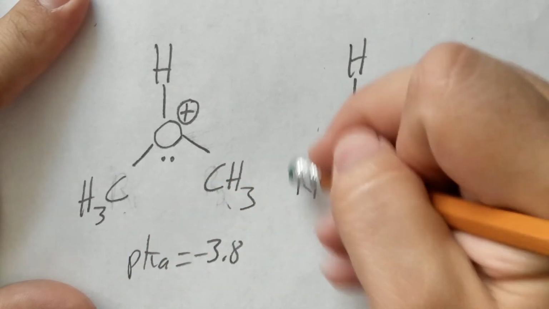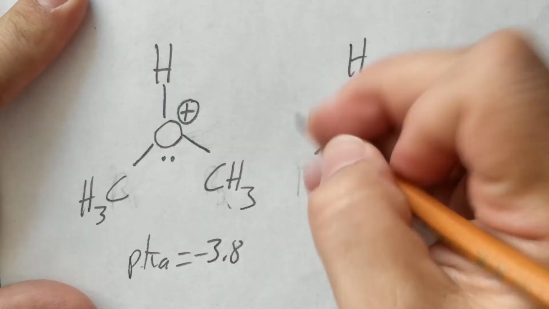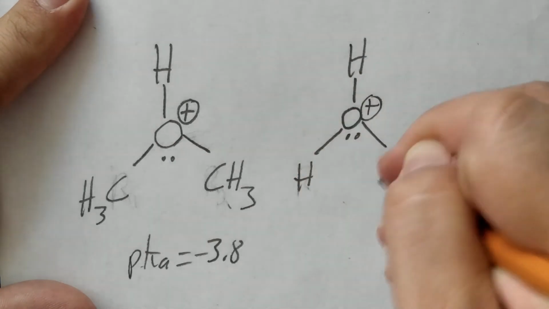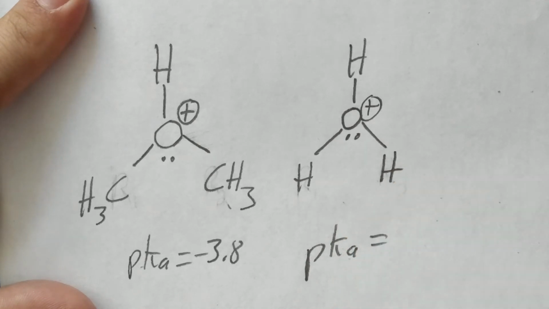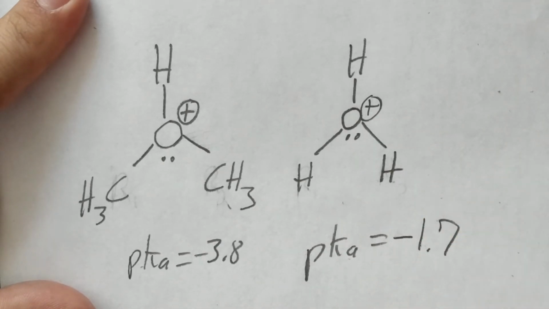And then when you identify this as what we learn in GChem is known as hydronium, that is the conjugate acid of water, where these are two hydrogens, the pKa of this, when you look at the chart, is negative 1.7.